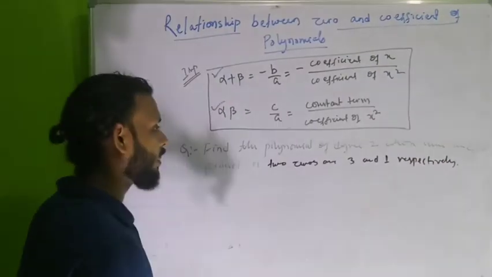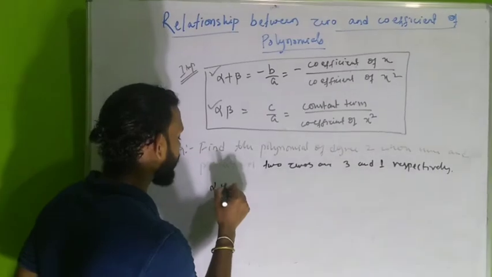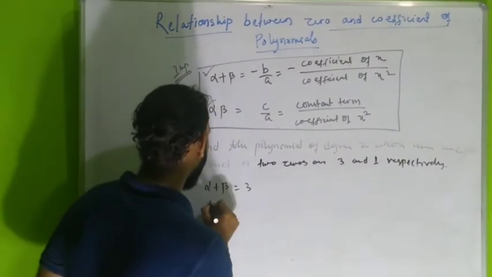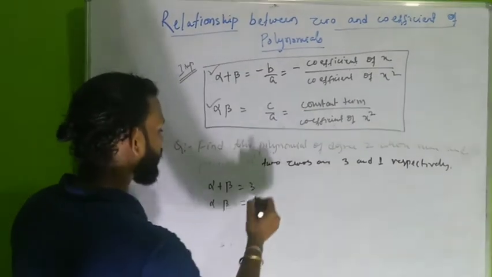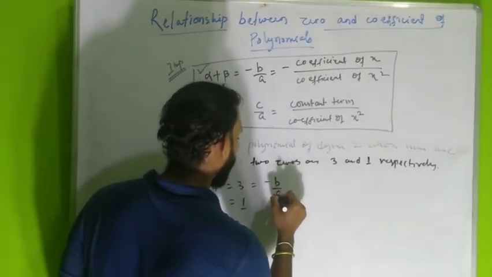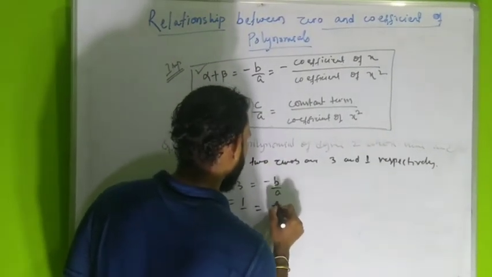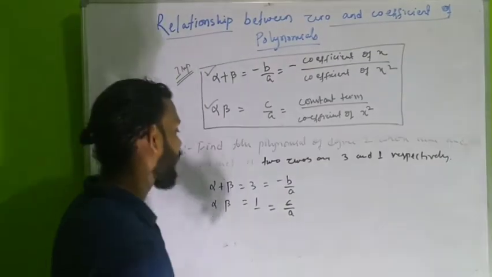Fine. That means I have alpha plus beta equal to 3 and alpha into beta equal to 1. So that is equal to minus b by a, and this is equal to c by a.